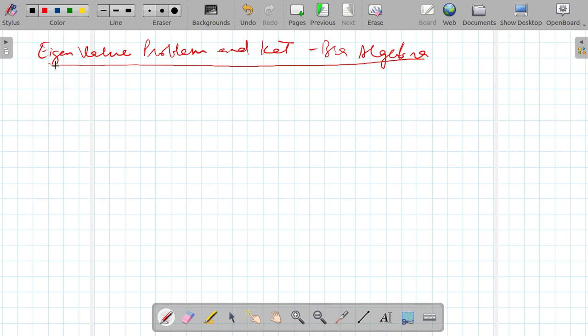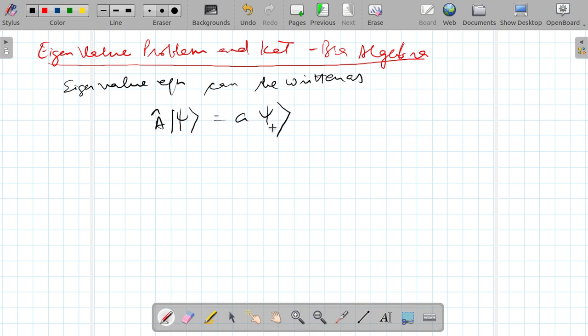In terms of ket and bra, the eigenvalue equation can be written as: the operator A, when it operates over ket psi, is equal to a psi.